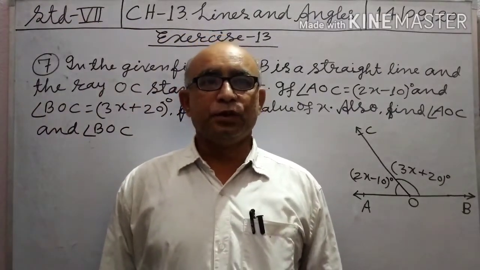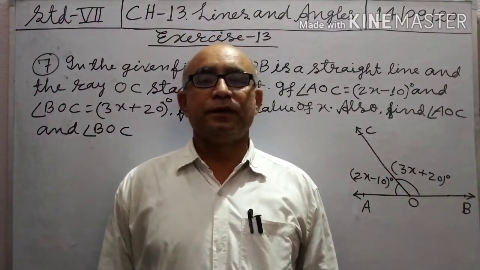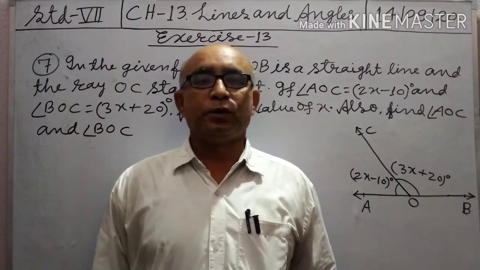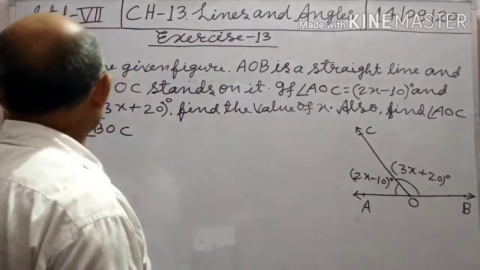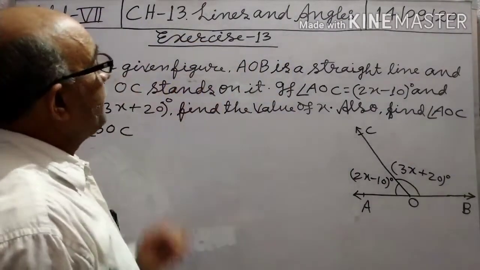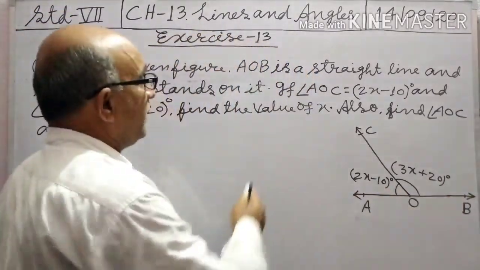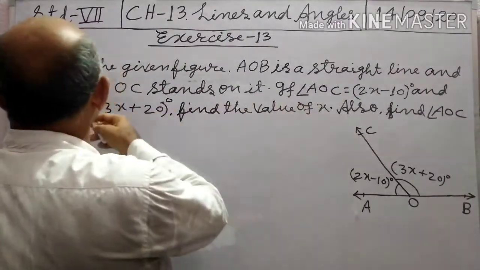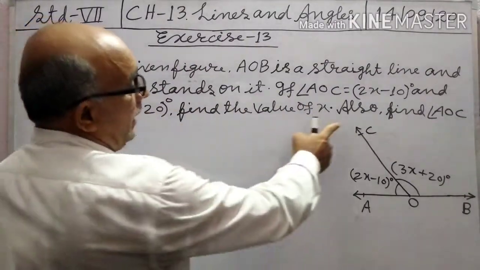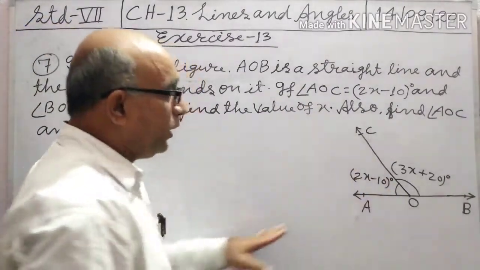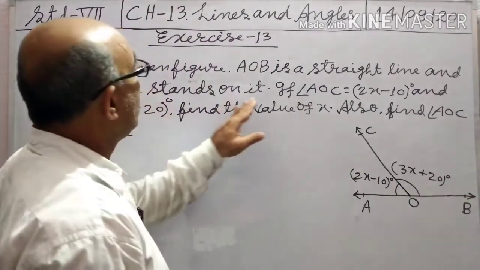Students, next question is question number 7. It is very important question for you. In this question, in the given figure, AOB is a straight line, and the ray OC stands on line AB.